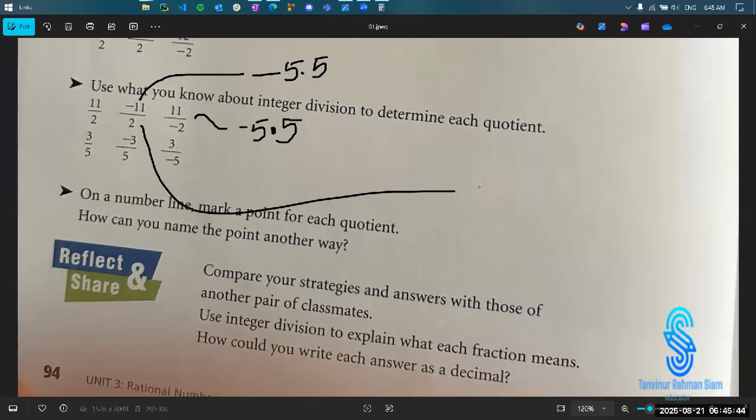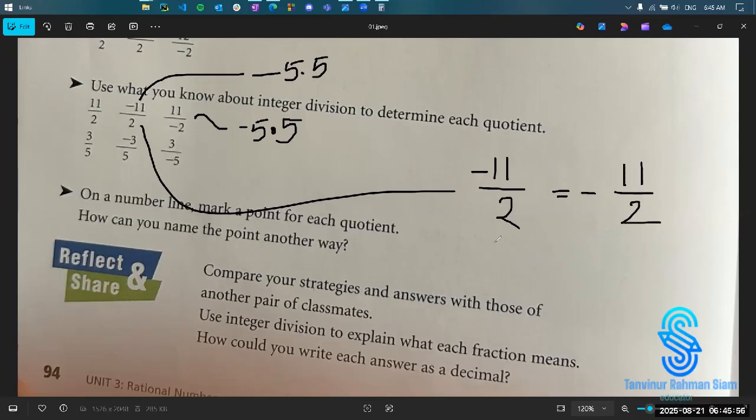Like this particular thing, when you write, see my screen. Here 11 is found and 2 is found. It can be written as minus, then 11, then 2. Also, if 11 is here and minus 2 is here, we can write it as minus 11 divided by 2.